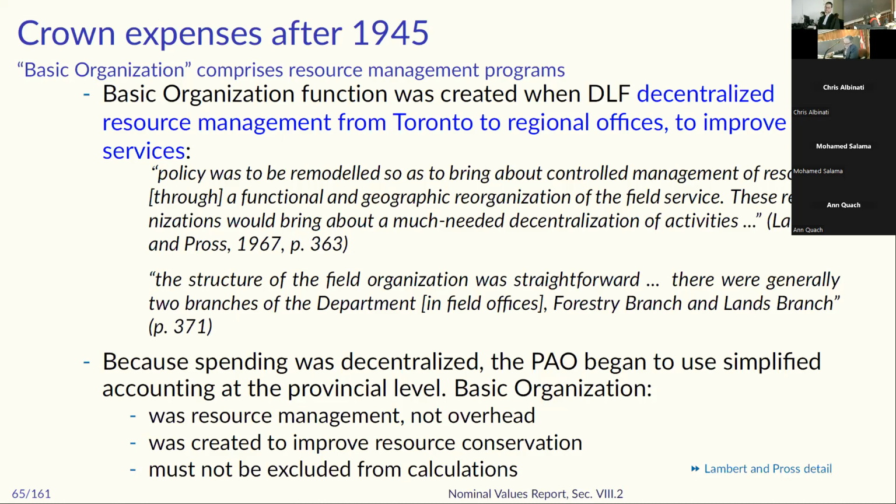In this second quote on slide 65, you refer to the lands branch. Roughly speaking, what kind of work was the ministry doing through the lands branch? That would include land surveys and land administration, various recorder functions, registration and patenting of land, all of that would go through lands branch.